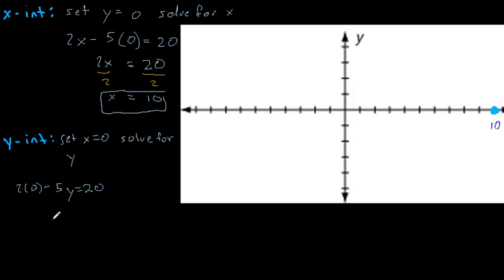Well, that gives me negative 5y equals 20. If I divide both sides by negative 5 this time, then I find out that y equals negative 4.